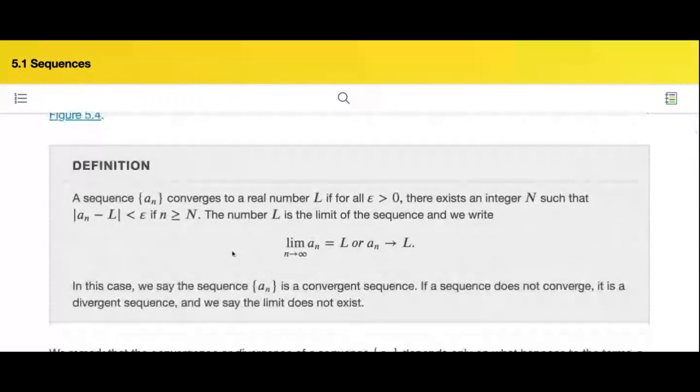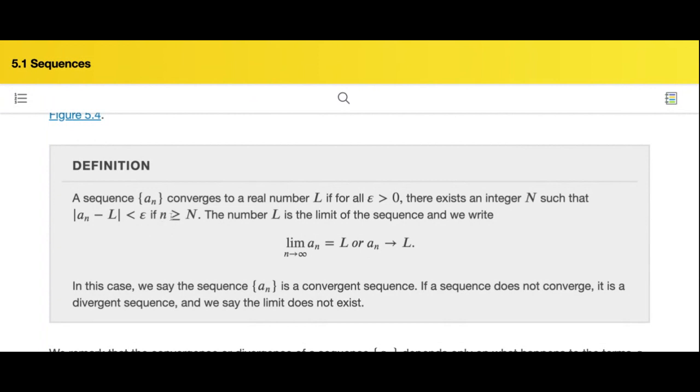Okay, let's see the definition. A sequence converges to a real number L if for all epsilon greater than 0, there exists an integer N such that the distance between the nth term and the final number L is less than epsilon for all n greater than or equal to N. So the number L is the limit of the sequence, and we write the limit of a_n when n approaches infinity equals L, or just the nth term approaches L. This is somewhat like the definition of continuous functions, right?